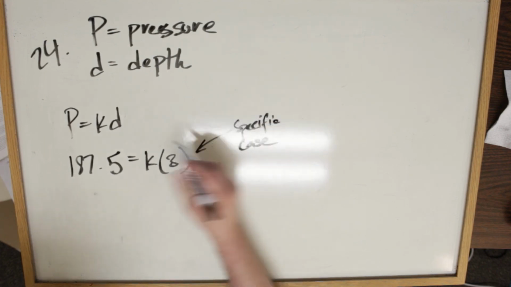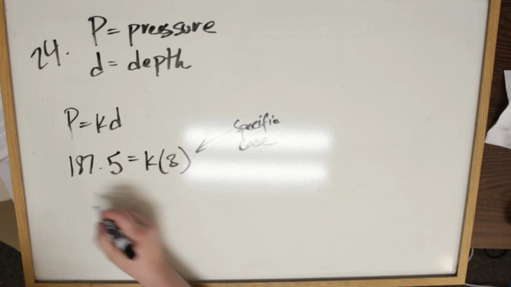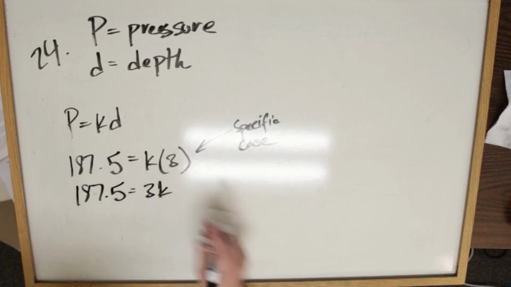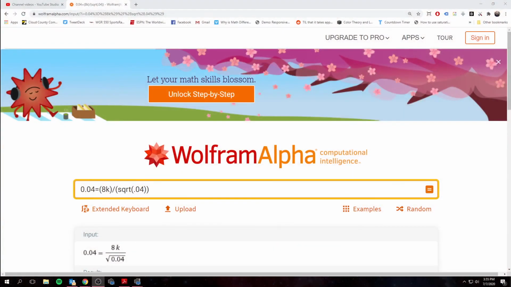All right, so we did our setup, we got our specific case, then we have to go back and find our general solution, okay? So I'm just going to change this to 187.5 is equal to 3K. And then let's go back to Wolfram Alpha here and work on this one real quick just to find out what K is equal to.